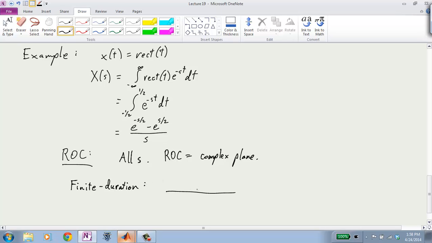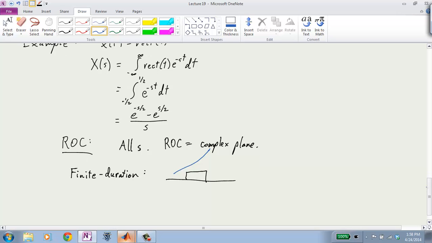If you multiply rect by any exponential function, because it doesn't have tails, you'll never have a convergence issue. Take any exponential function, no matter how big, multiply the two, integrate, no problem, because it starts at a certain time and ends at a certain time. So in general, finite duration signals will always lead to this result, that the ROC is the complex plane.